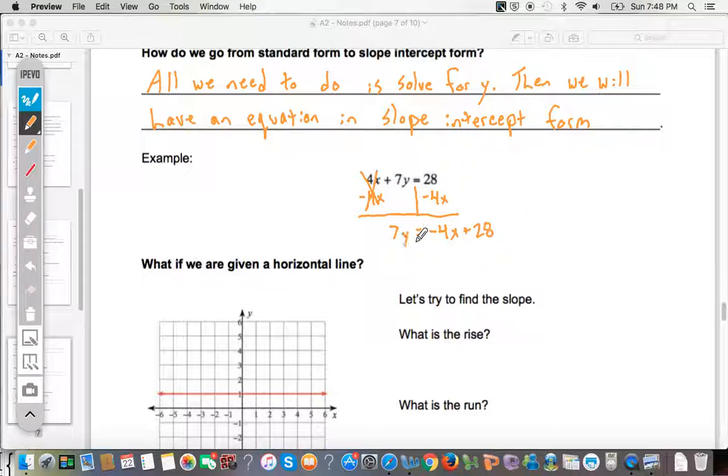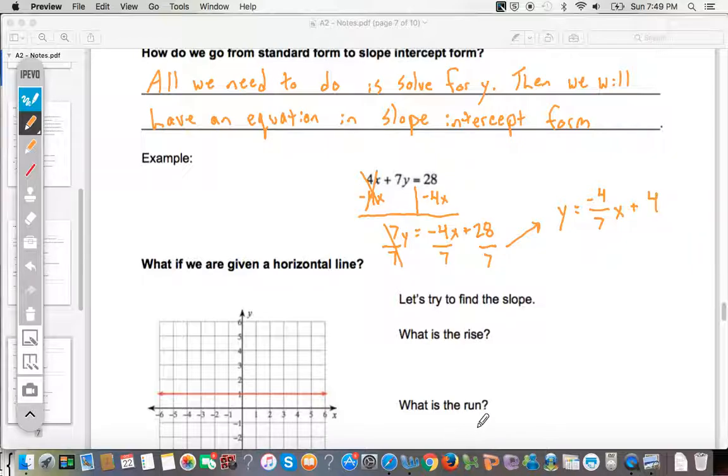Okay? So what I'm going to do now, to get this y by itself, I need to divide by 7, which means I need to divide everything by 7. So those 7's cancel, so I'm left with y equals negative 4 over 7 x plus 28 divided by 7, which is 4.